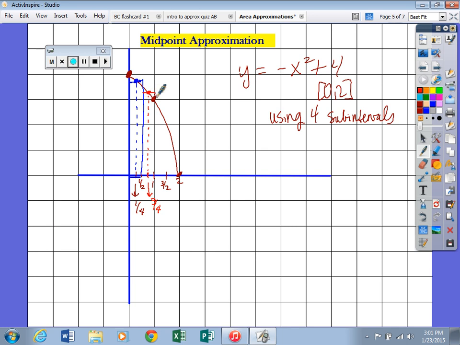And then I come back down. Okay, I'm going to stop and let you try to do the next two. And then we'll talk about the actual area of each little piece. So just take a minute and try those yourself.